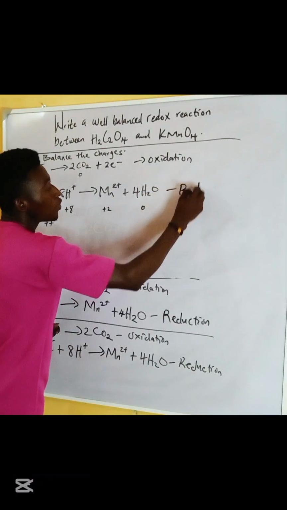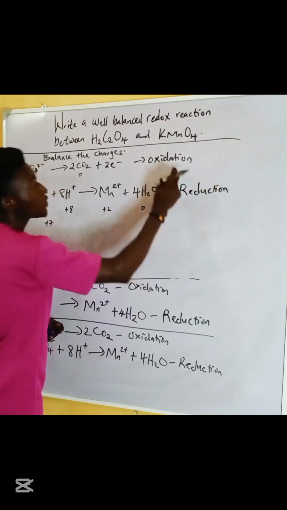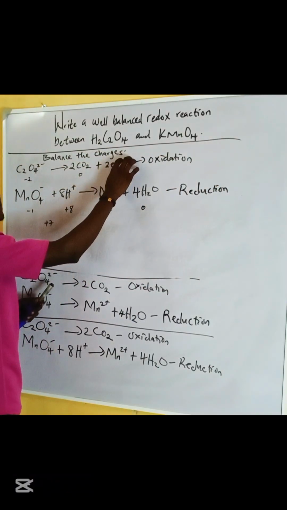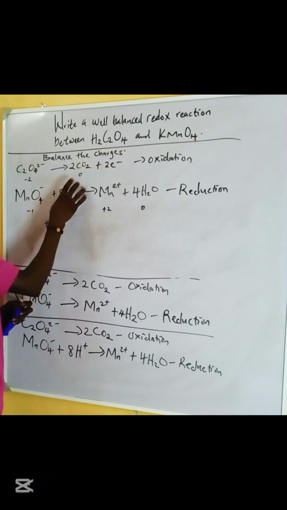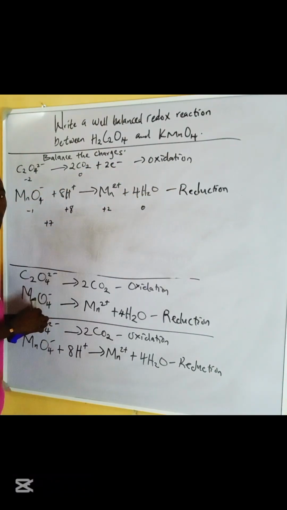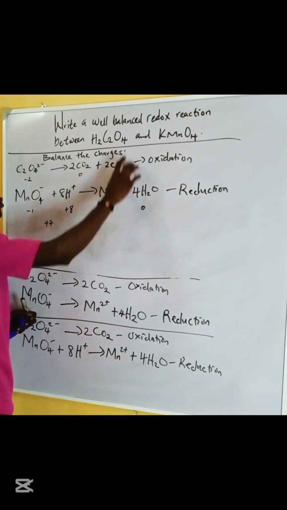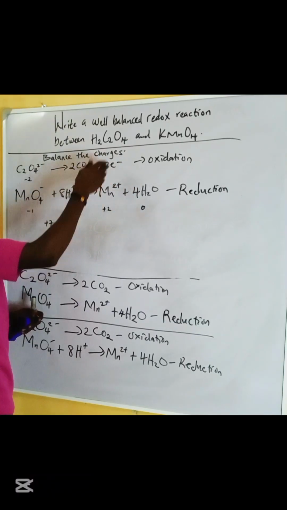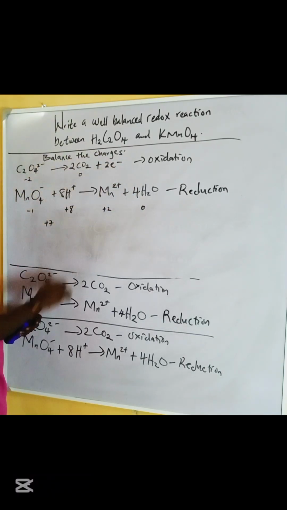If you added electron at the product side for your oxidation, you should add electron to the reactant side for your reduction. Both of them should not be at the product side, because later on you are going to cancel them out. Are we together? Alright, so follow me to understand what I mean.